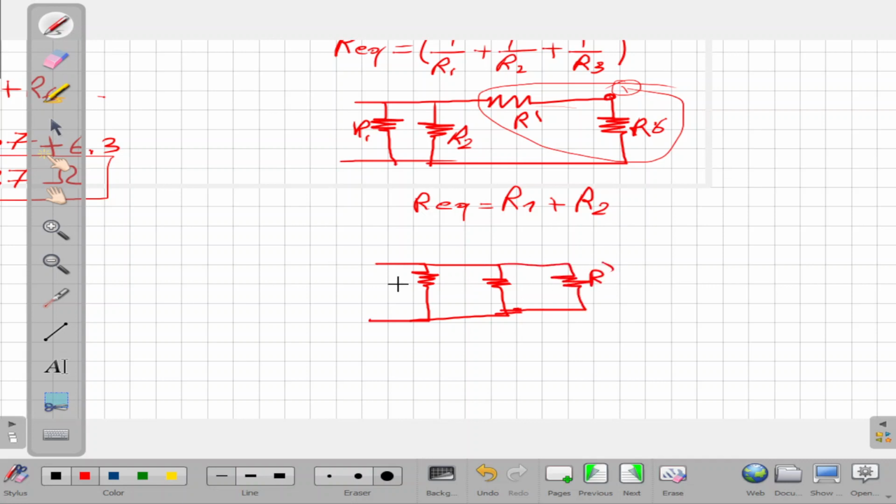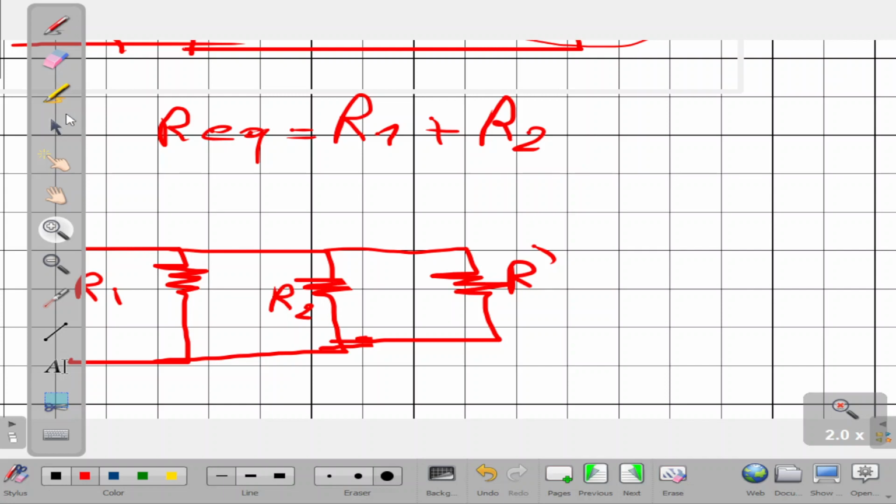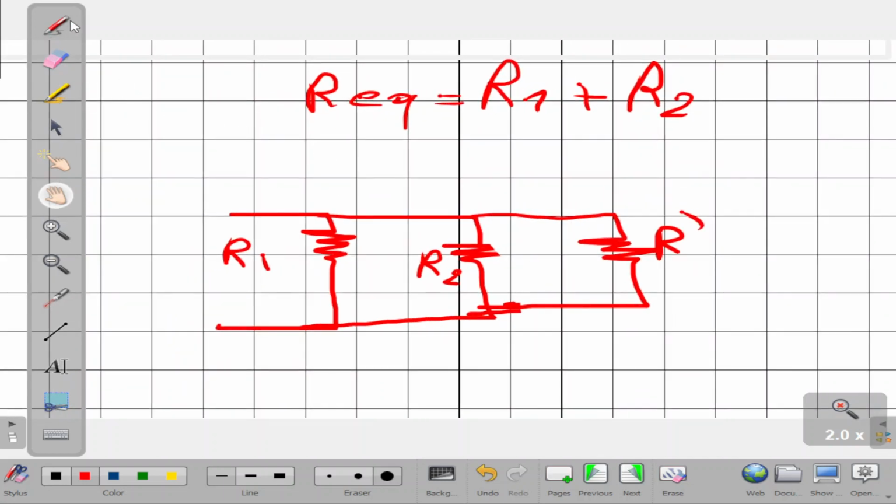Notice that this group of resistors is in parallel since they have 2 points in common. This is the first point that connects R2 with it, and this terminal is connected to the first point as well. On the other hand, we have this terminal connected at this point, this terminal at this point, this terminal at the same point. We have the same point in common, so we have 2 points in common as a result.